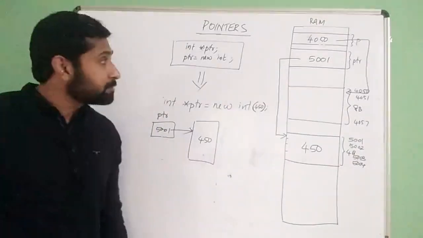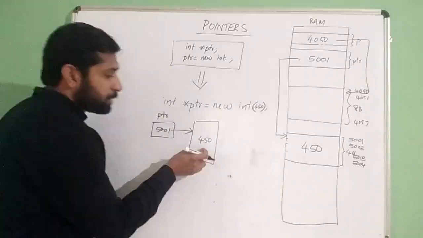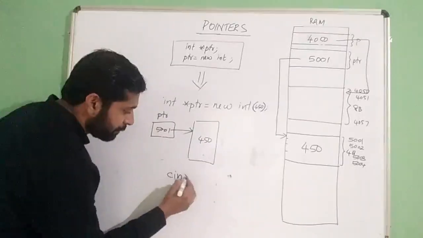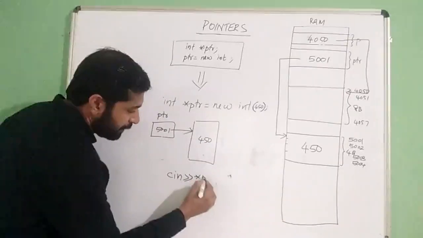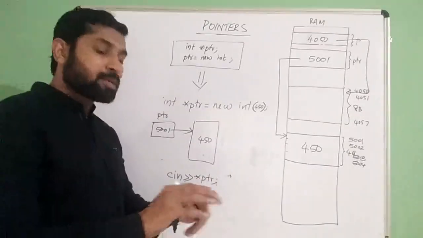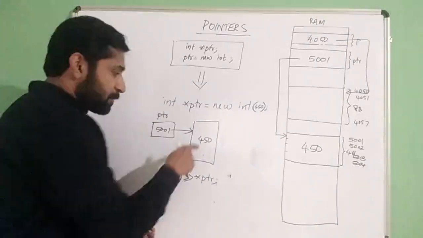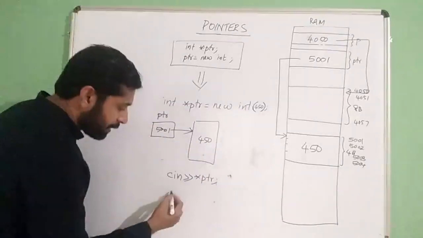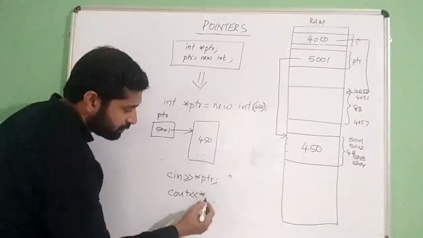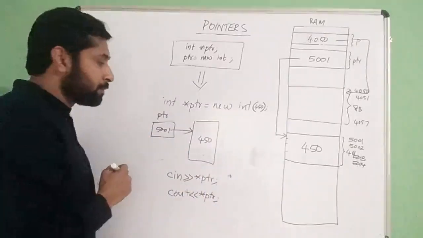How can we access that? In order to take a value into this location, we can write a statement like this: cin star ptr. If we give some value, say 1000, that 1000 will move to this location. Suppose we want to print this 450, we can write a statement like this: cout star ptr. So the 450 will be printed.